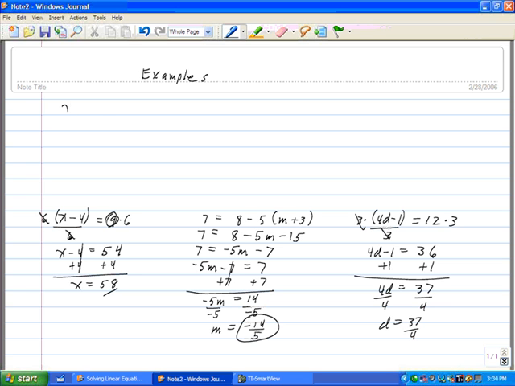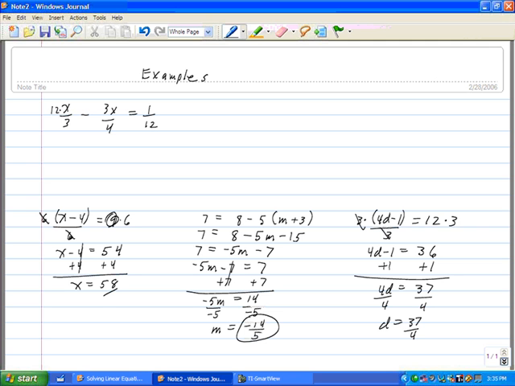Let's look at x over 3 minus 3x over 4 equaling 1/12. And we have 1, 2, 3 denominators here, and the least common denominator for all three of these would be 12. So that's what we multiply by.